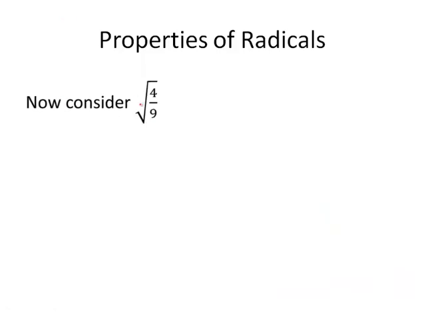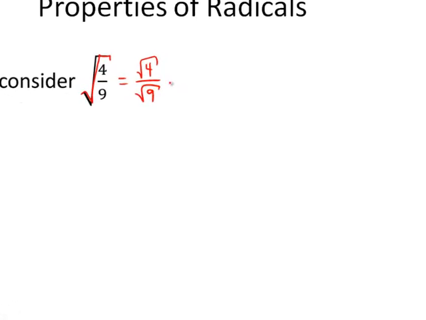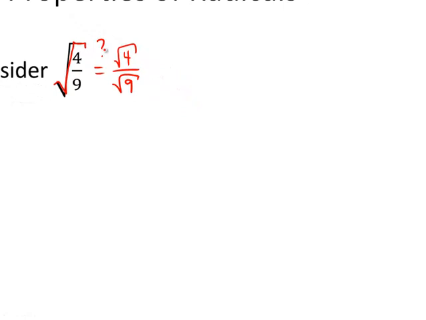Let's consider root 4 over 9. In considering this, we can figure out, can this root be split over division? Well, let's check it out. If it could be, then you would get the root of 4, which is 2, and the root of 9, which is 3. 2/3 is approximately 0.6 repeated.